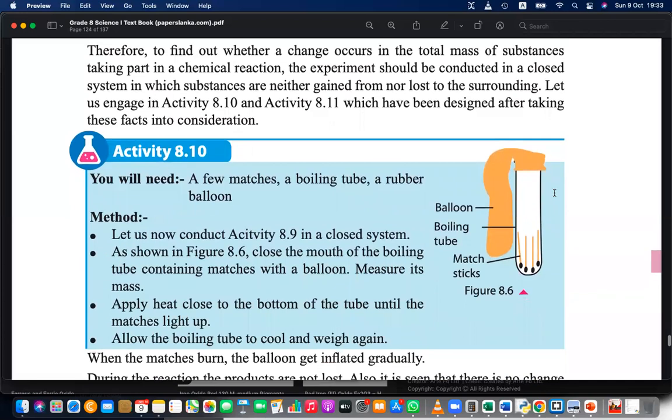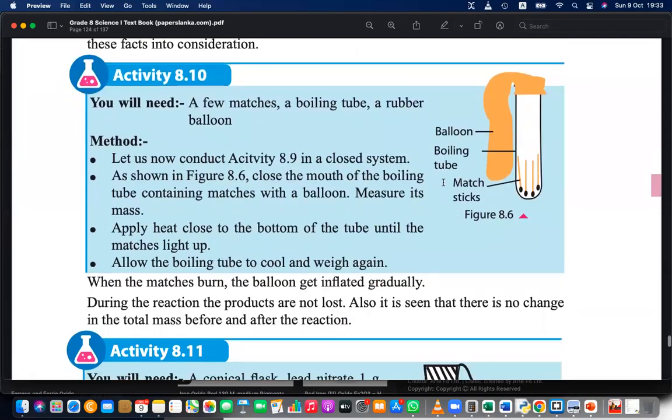So it is sealed. Now apply heat to the bottom of the tube until the matches light up, and allow the boiling tube to cool. You have to measure the weight at the beginning and at the end. When the matches burn, the balloon inflates gradually.